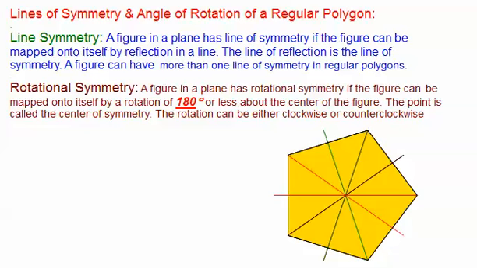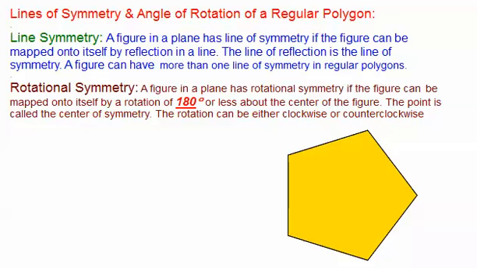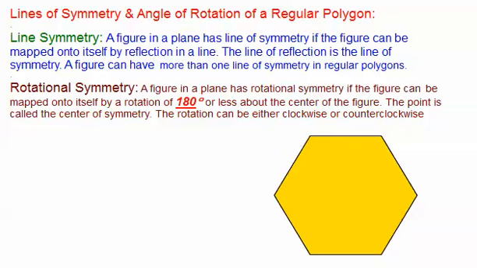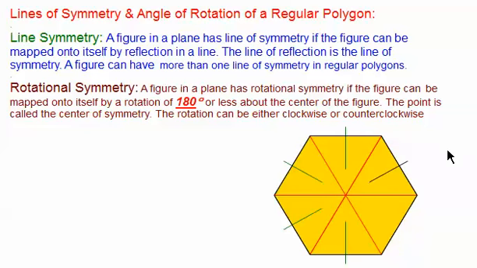If I do 6 sides, let me increase one more, here you go. This is 6 sides, and the lines of symmetry are going to be 6. Three of them will connect the opposite vertices, and the other 3 will connect the midpoints of the opposite sides.